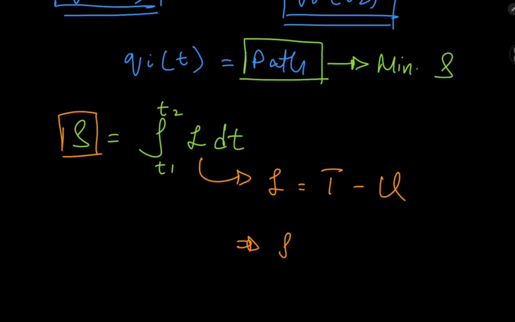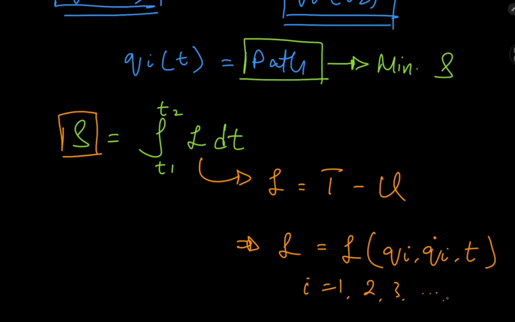So this means that L is a function of the generalized coordinates, the generalized velocities, and possibly of time as well. And bear in mind, I'm using the index notation here to denote the entire set of generalized coordinates as well as generalized velocities. So it's understood that i here varies from 1, 2, 3, all the way up to n, the total number of degrees of freedom. This is just a much more convenient way of writing it.